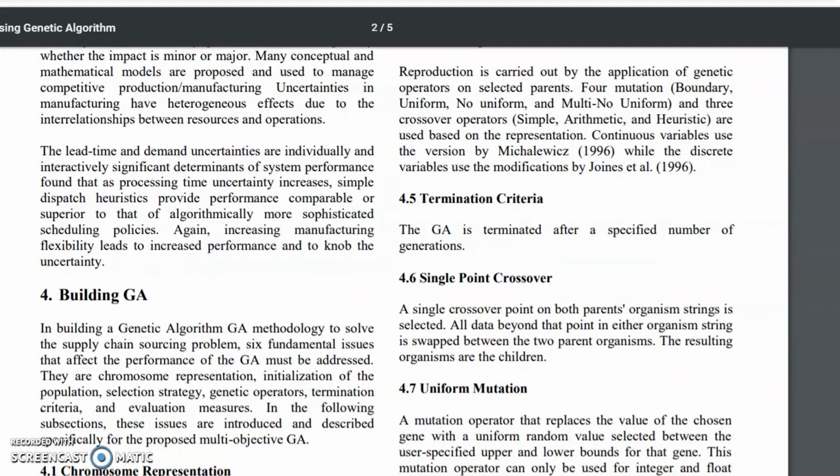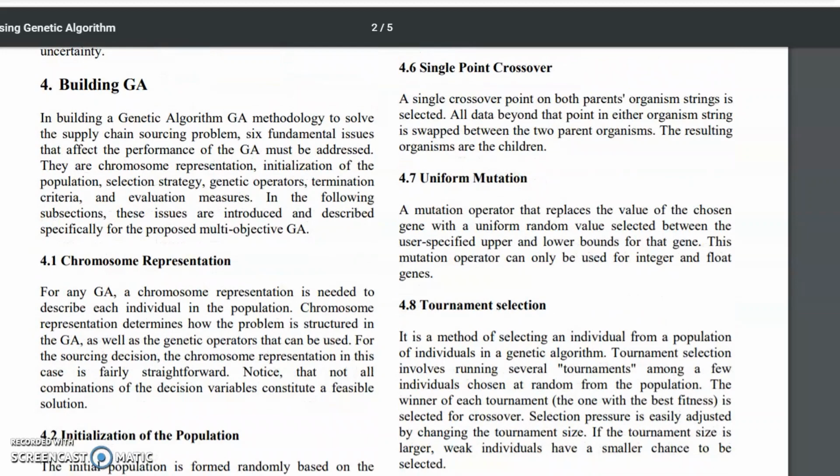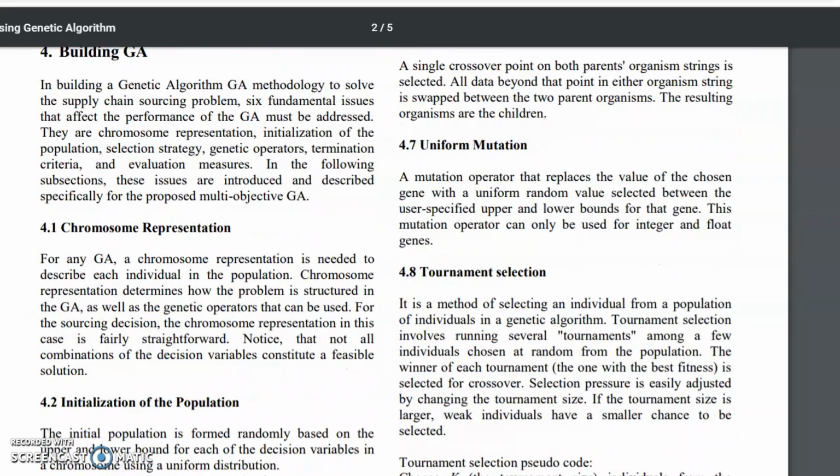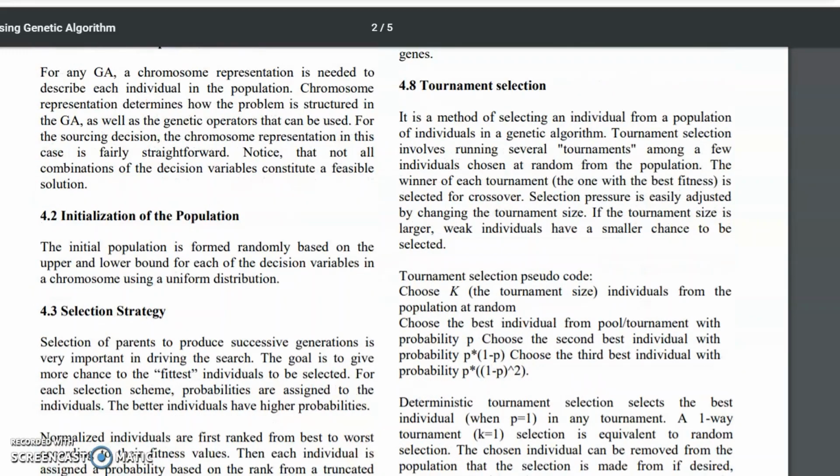The genetic algorithm has different steps. One is chromosome representation, which we give for every genetic algorithm. Then we go for initialization of population. Here we use a set of decision variables. Then we give a selection strategy.